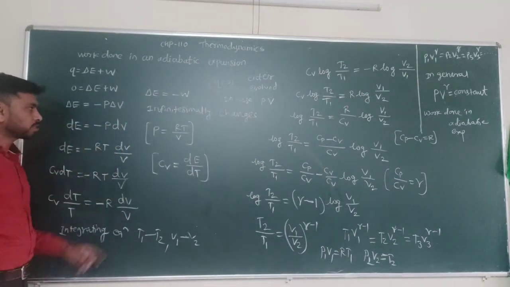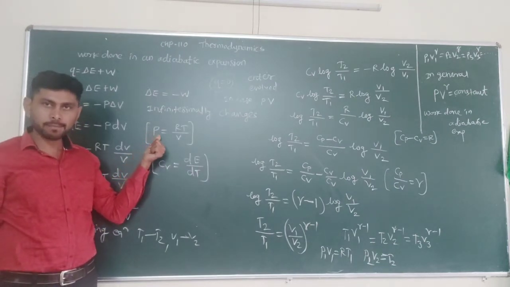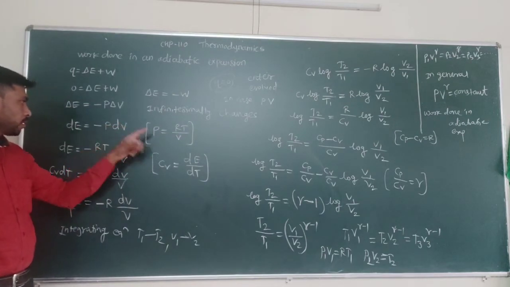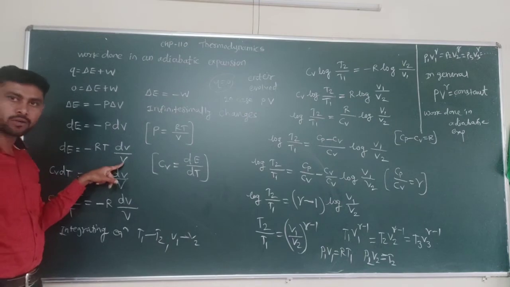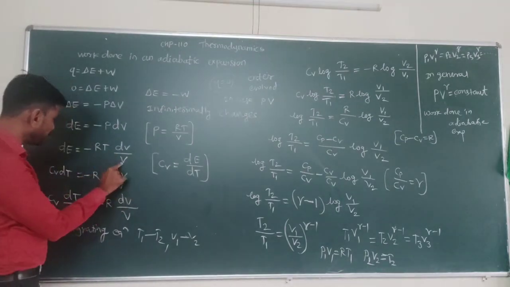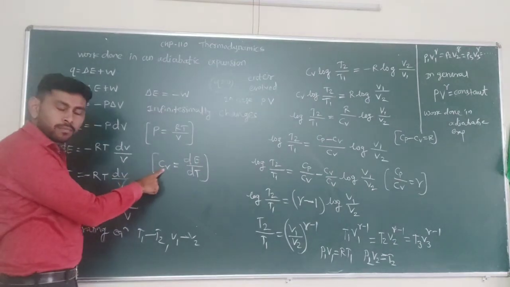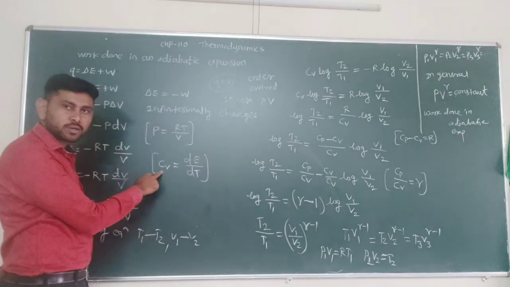Now at this stage, from the ideal gas equation we substitute the value of P, which is RT upon V. Now again the value of dE comes from heat capacity at constant volume.